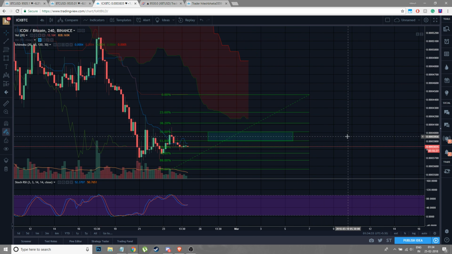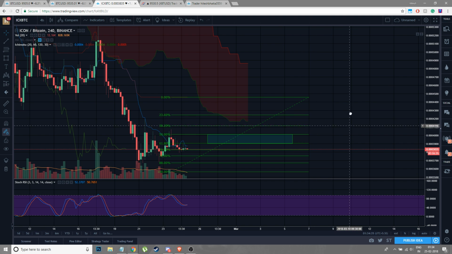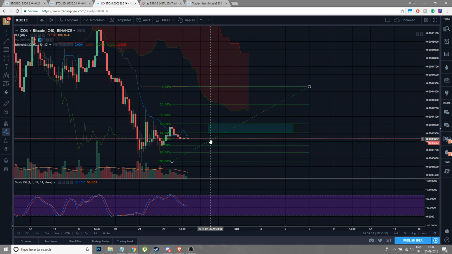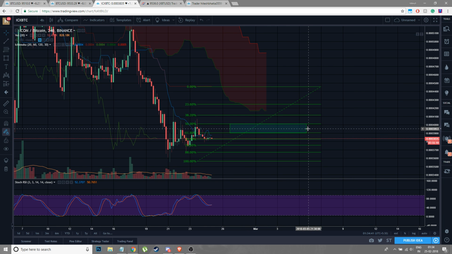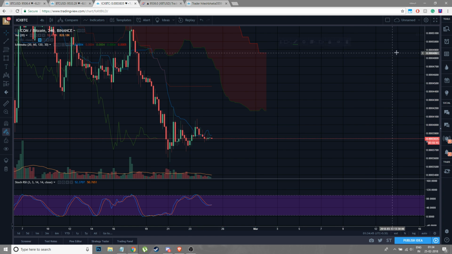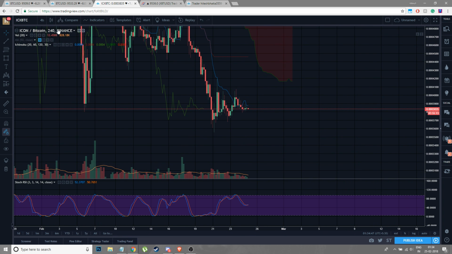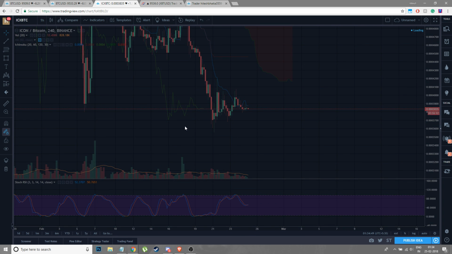So that's a probable bullish trade on ICX. Keep in mind that it's already below that particular entry, right? So in some minds, this should look like a potential buy right now. I think this is also a symmetric triangle. One second.